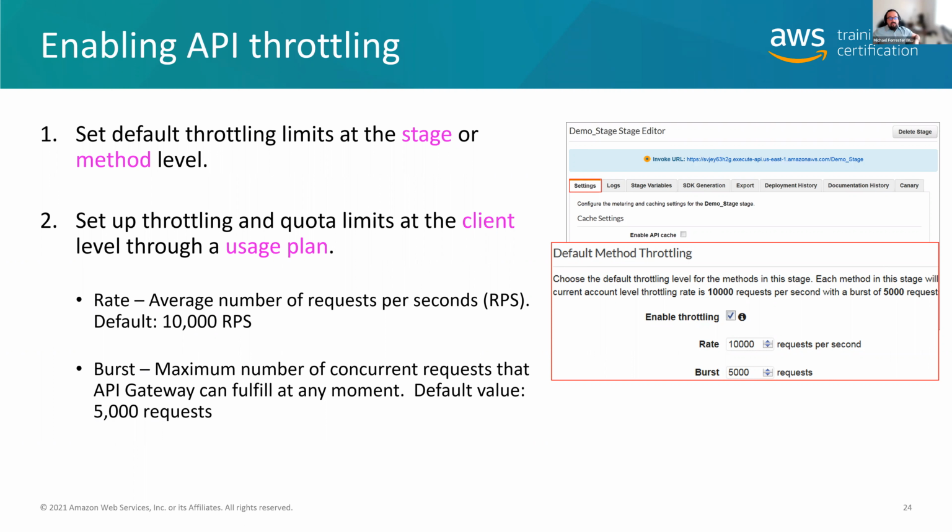Alternatively, if you don't want to operate this at an account level for all of your API gateways, you can create what's called a usage plan. A usage plan basically says, hey, this is what the client can actually do. You can apply a usage plan to a client for a particular gateway.